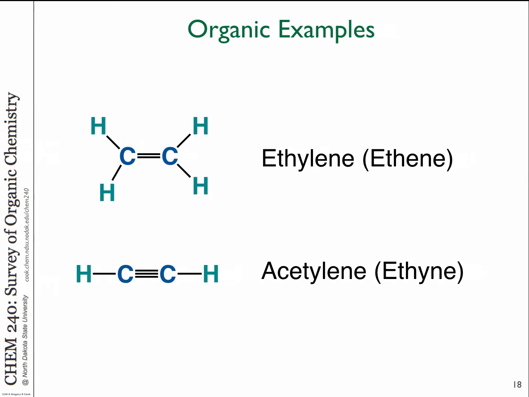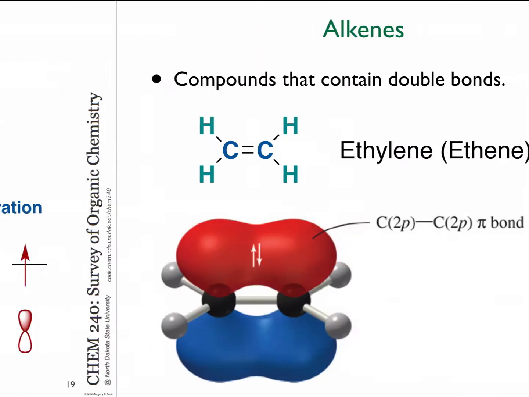Here are organic examples: a carbon-carbon double bond and a carbon-carbon triple bond in these simple organic molecules, ethene and ethyne. The shape here: if you look at the hydrogens and carbons from the side, they all lie on one plane. It's a flat planar molecule.